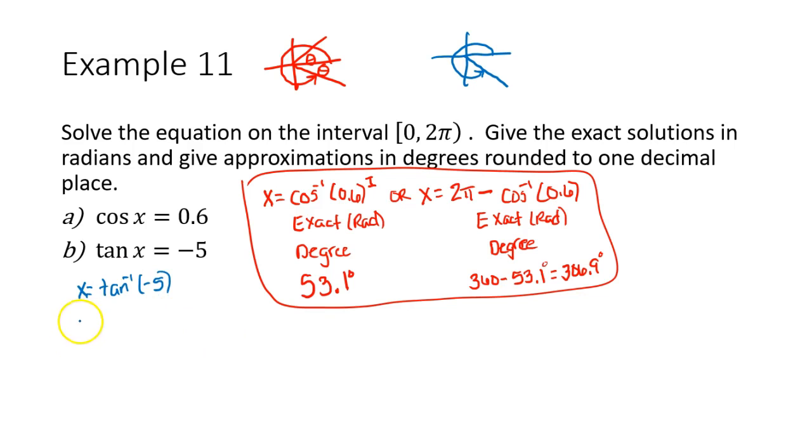Well, that means we're going to have to do 2 pi minus the inverse tangent of -5. And this will be equal to x. This is our exact answer. And this is going to be in quadrant 4.